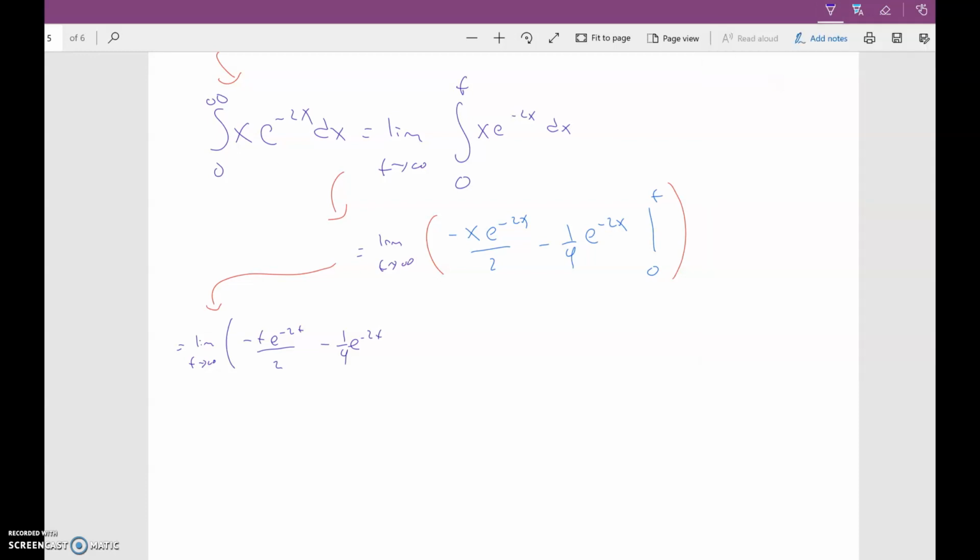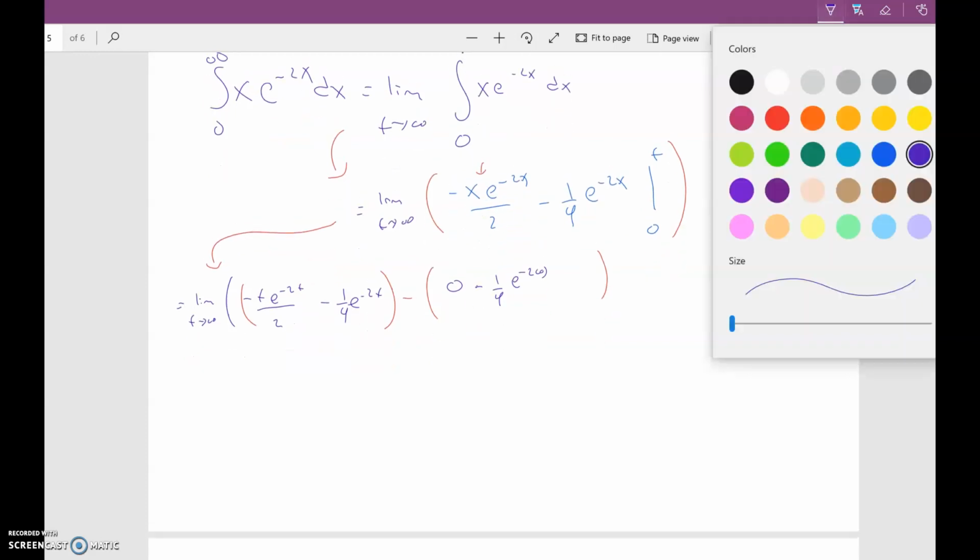This is technically the first term, and then minus, as we evaluate the 0, the first term is going to go to 0, and that's because of this actual t. And then minus a 1/4 e to the negative 2 times 0.